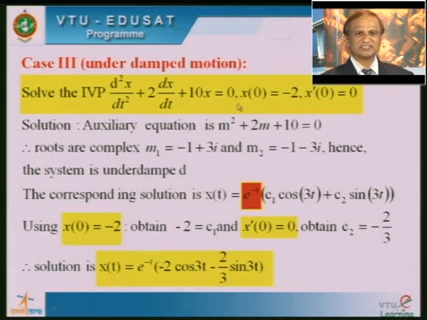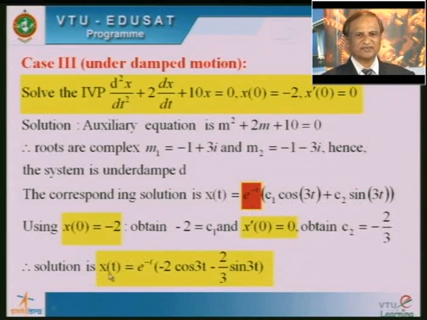Using the initial condition x of 0 is equal to minus 2, we obtain minus 2 is equal to C1. Similarly, using the other condition, x prime of 0 is equal to 0, we obtain one more constant, namely C2 is equal to minus 2 by 3. We substitute C1 and C2 in this equation.